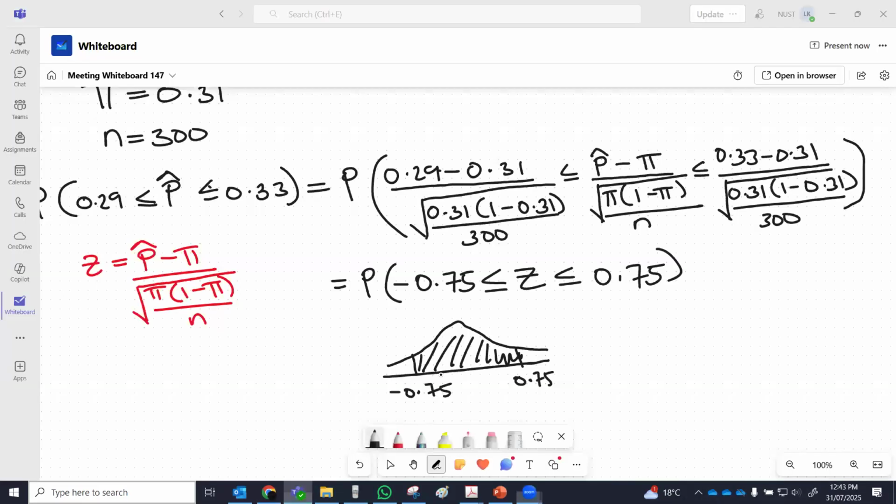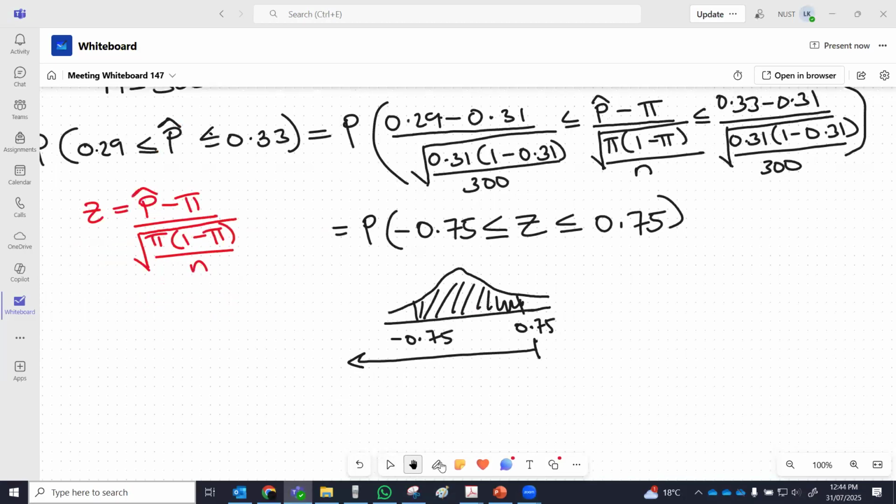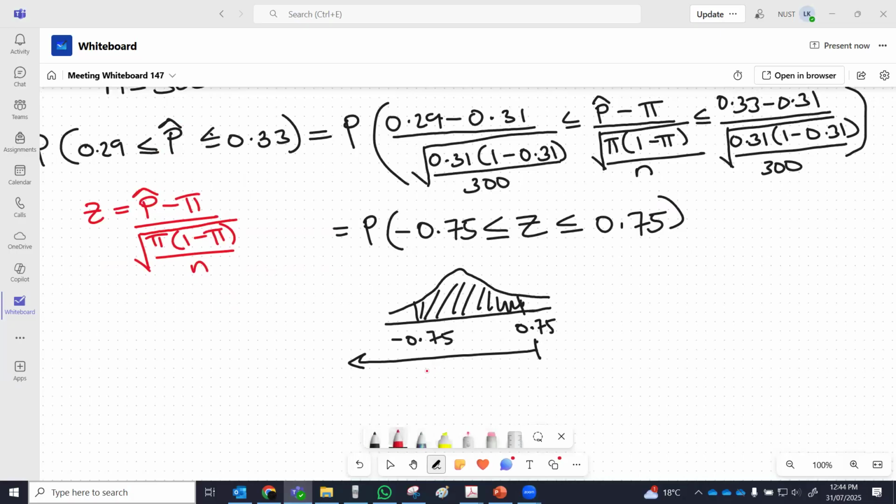So looking at what we are looking for, if we read 0.75, it'll give us the total area from here going all the way that way. And if we read the value of negative 0.75, it's going to give us this area here. So if we are only looking for this area here, we just need to say the value for this one minus the value for that one that we get from our table.